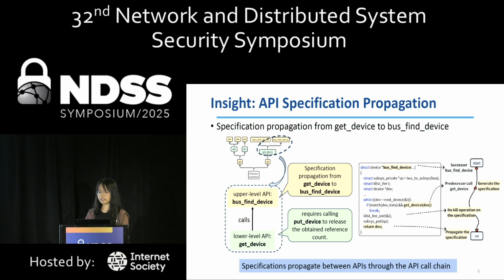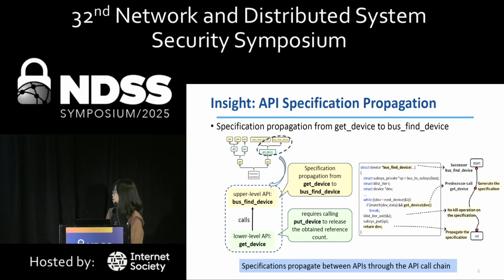We then define specification propagation, and there are three conditions that must be met. First, the successor API must call the predecessor API. Here, bus_find_device calls get_device, which introduces the effect on the critical variable. Second, the critical variable must be propagated to the successor API, either as a return value or an argument.